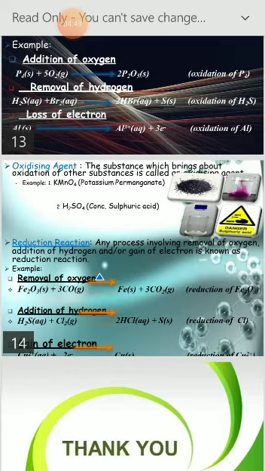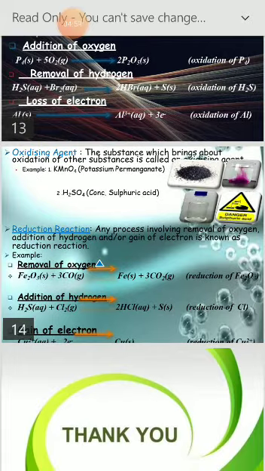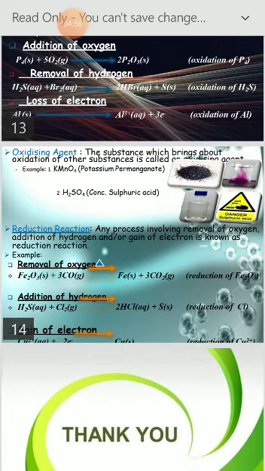For example, Fe2O3 plus carbon monoxide gives iron plus 3 carbon dioxide. Here Fe2O3, iron oxide, loses oxygen. That is why it is considered a reduction reaction.